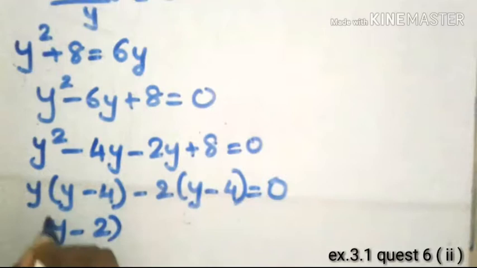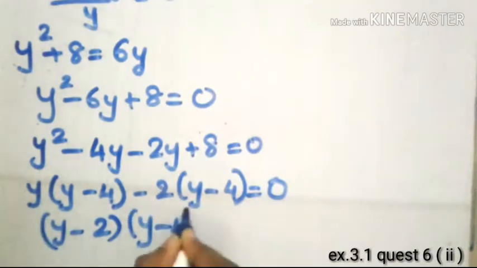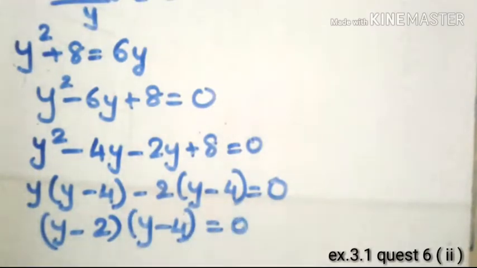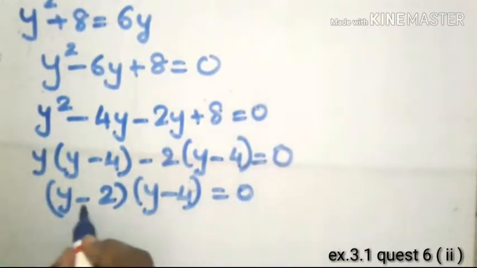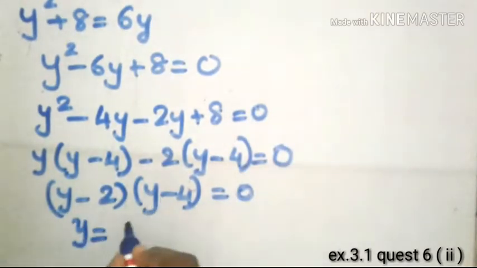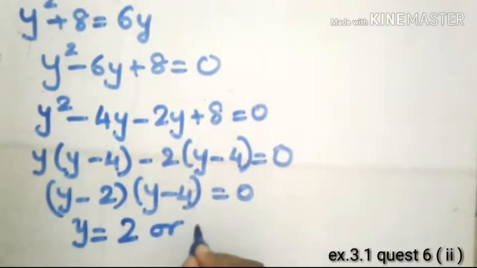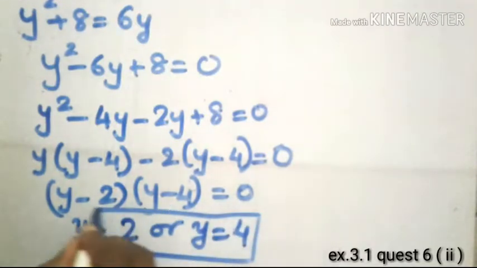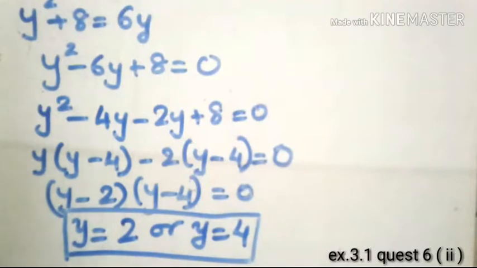So I get y minus 2 into y minus 4 is equal to 0, which means I have 2 values of y. Oh, 1 is not enough, I'm getting 2 values. So y is 2 and y is 4. Wow, we started searching for one value and we got 2 values.